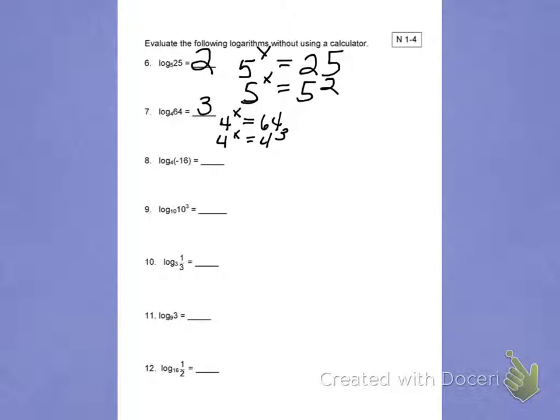We have 4 to the x power equals negative 16. Okay. Well, 16 is 4 squared, but it's not negative 16. And what you're going to find is that you can't take the log of a negative number.